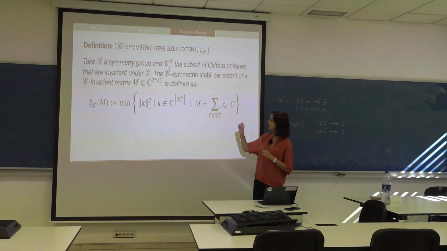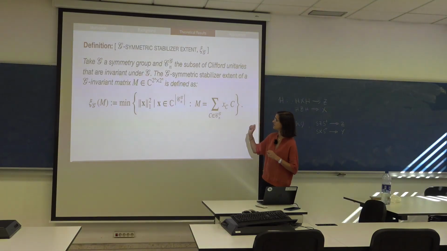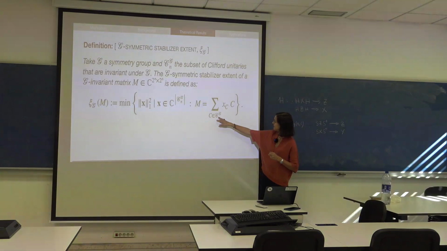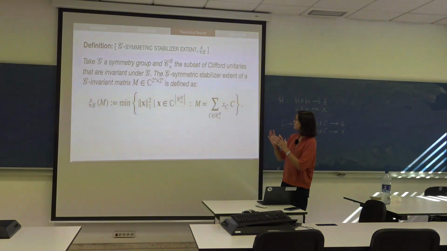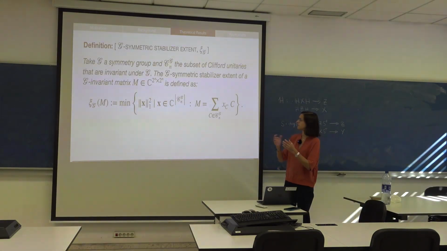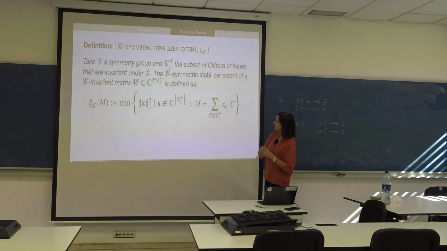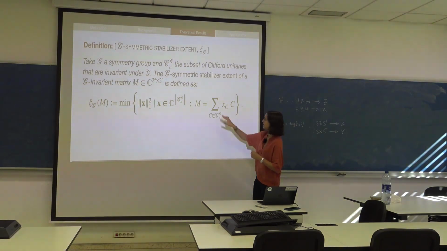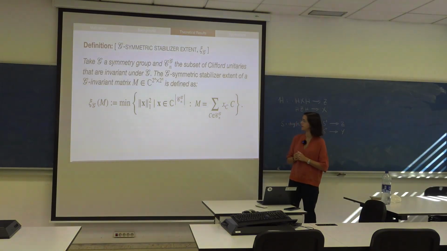We have some symmetry group G, and then we have this subset of Clifford unitaries that are invariant under this group, and we call this Cn with G there. The G-symmetric stabilizer extent of some G-invariant matrix, so it has to be a matrix that is also invariant under the action of G, is defined as the minimum of the one norm, everything is the same, but now we just search over this G-invariant subset of Clifford unitaries.